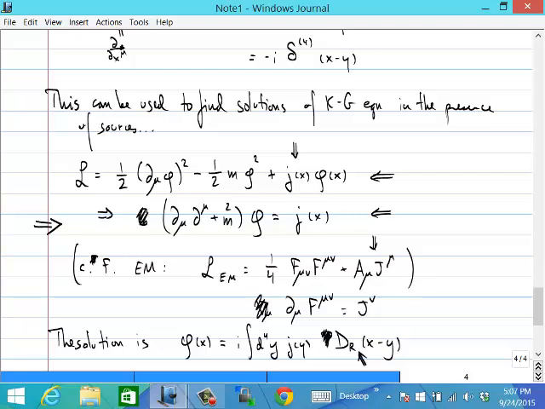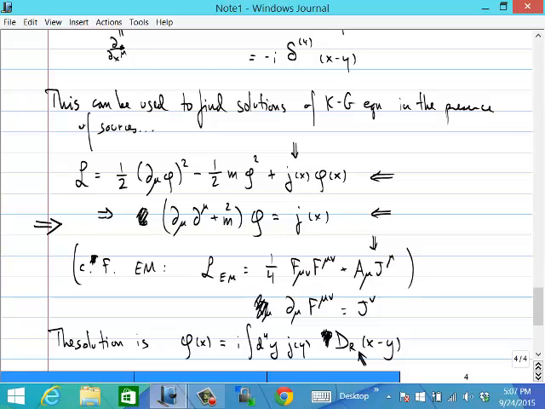So just to summarize, the retarded Green's function describes how a source inserted at a particular point y will propagate throughout space-time using the Klein-Gordon equation. And it's called the retarded Green's function because it describes the propagation forwards in time. There are other Green's functions you could define.